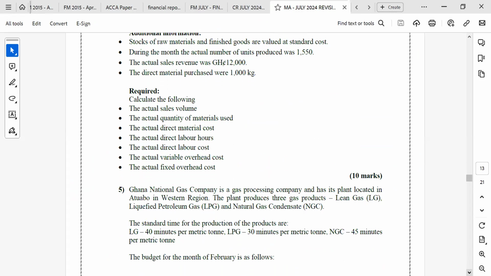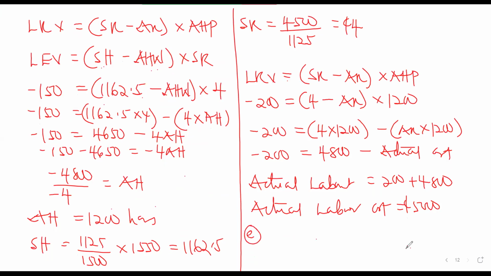We have the actual variable overhead cost. Which of the variable overhead variance formulas can we use to find this? If it is about cost, it will always be about the rate variance. So let's come to E here. This will be the variable overhead expenditure variance, which is calculated as the standard rate minus the actual rate multiplied by the actual labor hours worked.